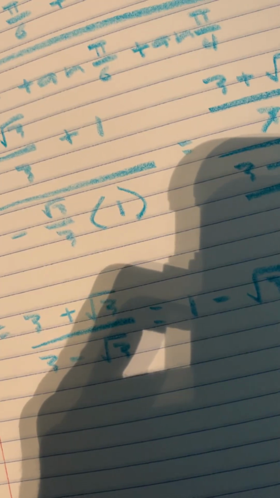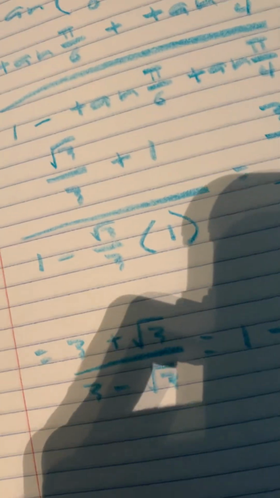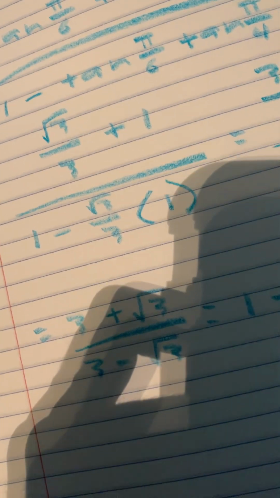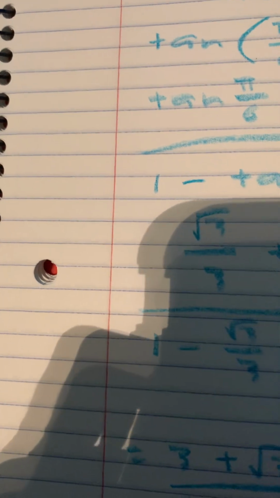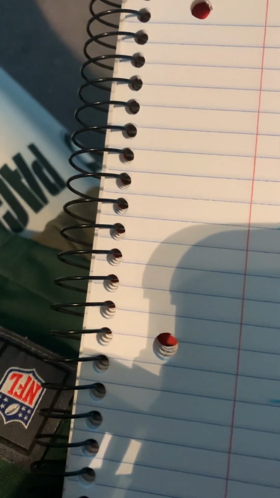I should at least check the tangent of pi over 6. Be sure I'm right on the square root of 3 over 3. Yep, I am. And the tangent of pi over 4, that should be 1. Yep. Well. See, this should be a plus.